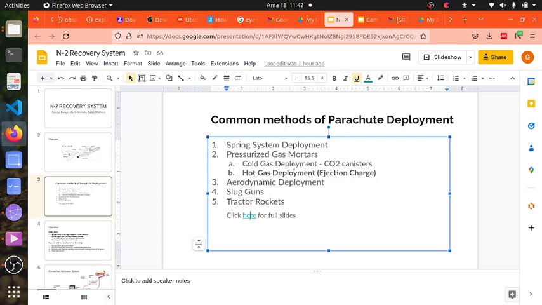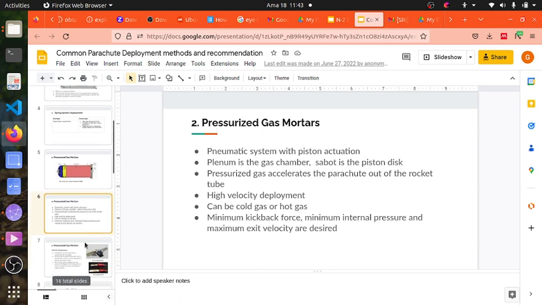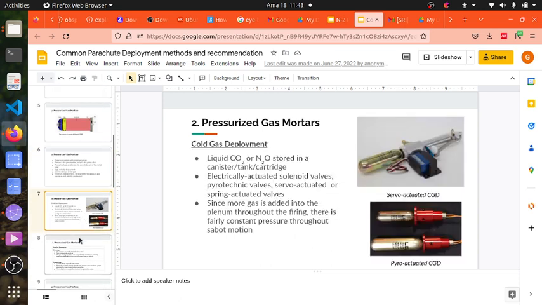And then we have cold gas deployment. Cold gas deployment uses liquid carbon dioxide or nitrous oxide canisters. As you can see, these are their pictures.